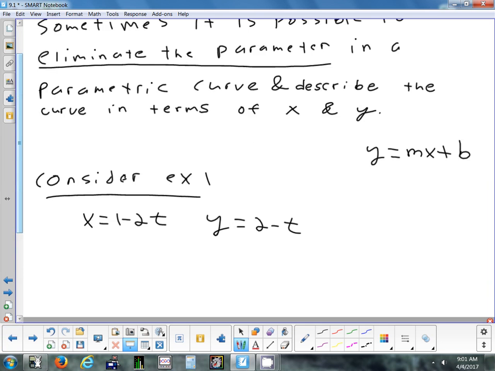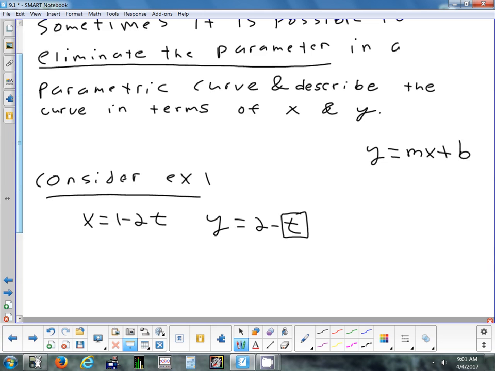All right, so if we want to eliminate the parameter, you have to get rid of this. You want it to be y equals, but you don't want t, you want x. How can I find something I can replace t with? Where could I look? You don't have to tell me how to do it, but there's something up here that could give you a formula for t. Where is that? John?